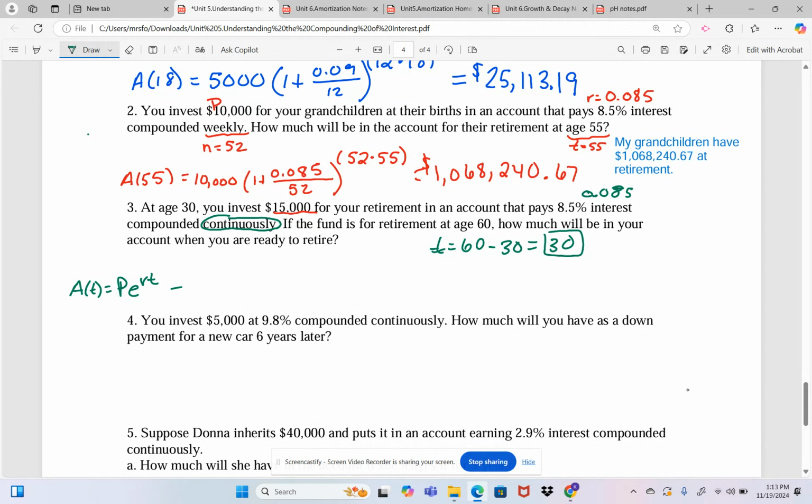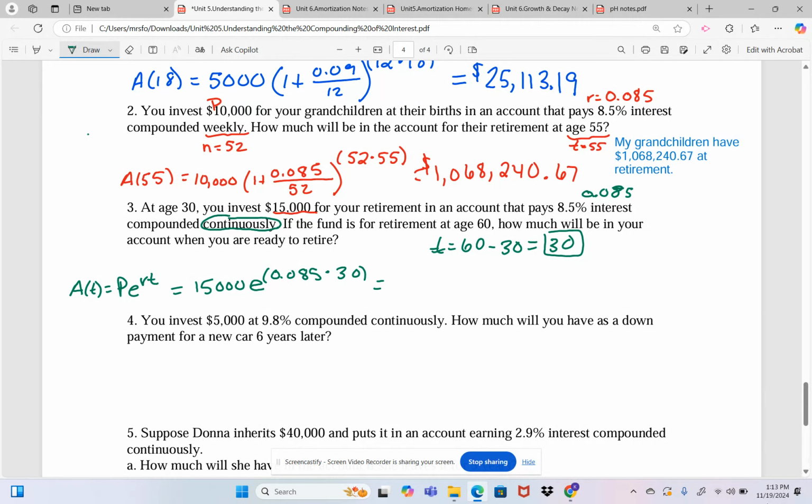Now, we plug in. 15,000 is our initial investment. E is a constant. And then R is our interest rate of 0.085 times the number of years, which is 30.